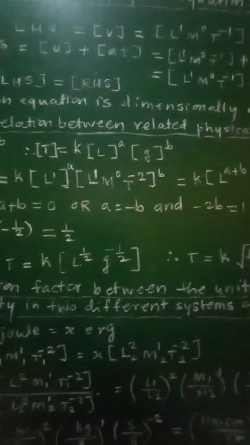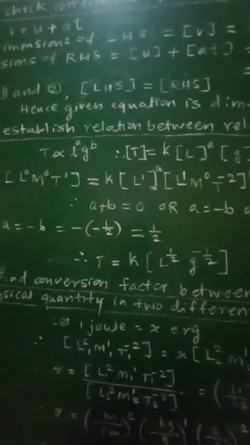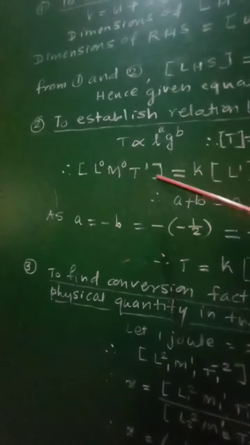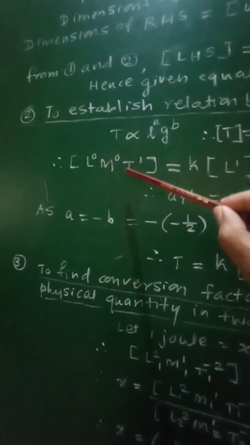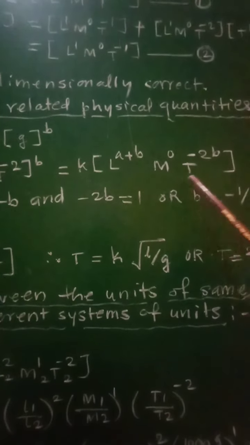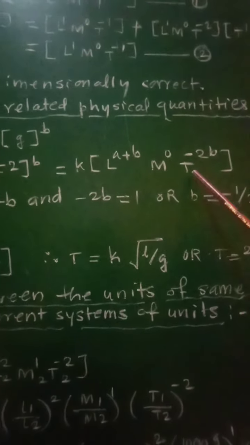Now we have to compare the indices on both sides. On LHS there is 0 in length, 0 in mass, 1 in time. On RHS we will get A plus B in length, 0 in mass and minus 2B in time.